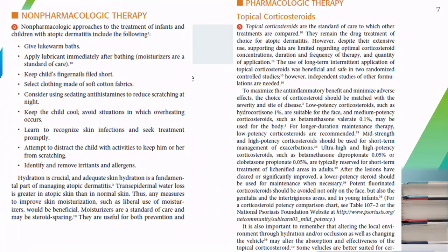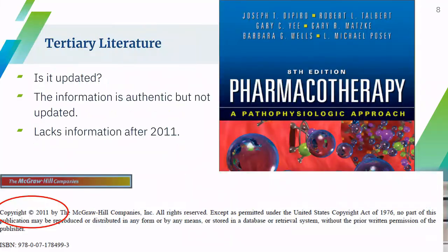However, can you claim that all of the information given here is up to date? Although the information is authentic, and it is not easy to challenge it, what do you think? Is this information completely reliable? If you check the publication year of this book, you would find that this edition was published in 2011.